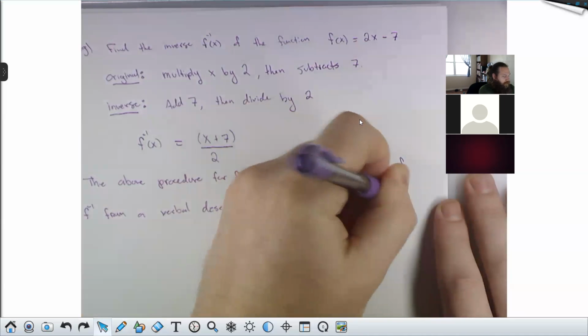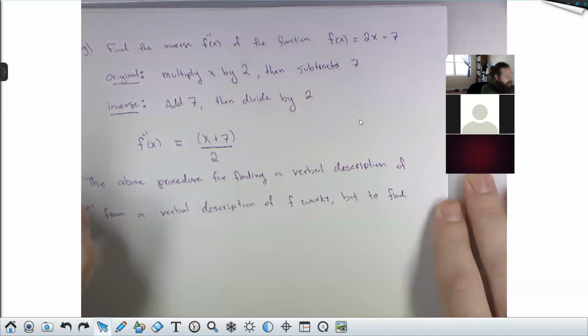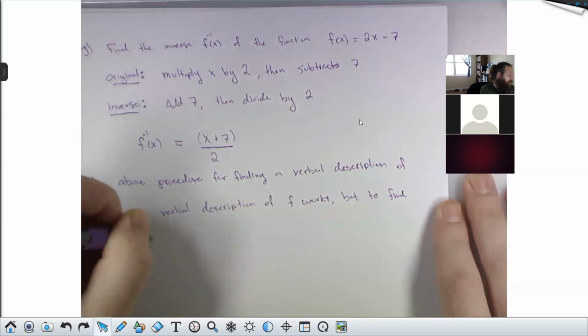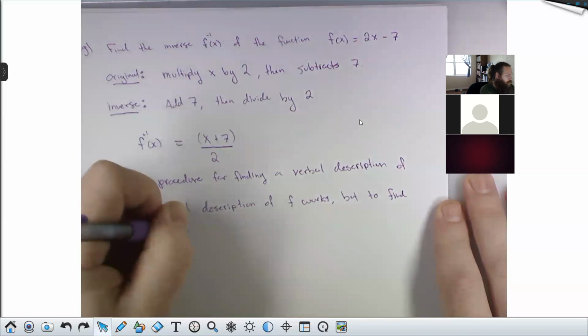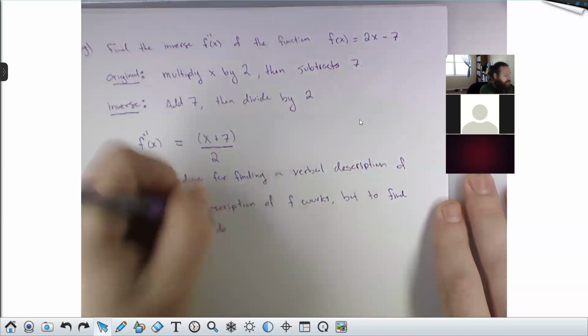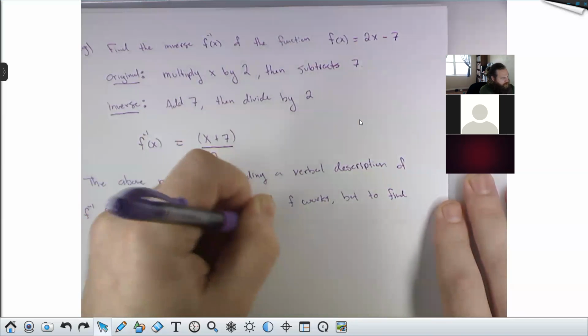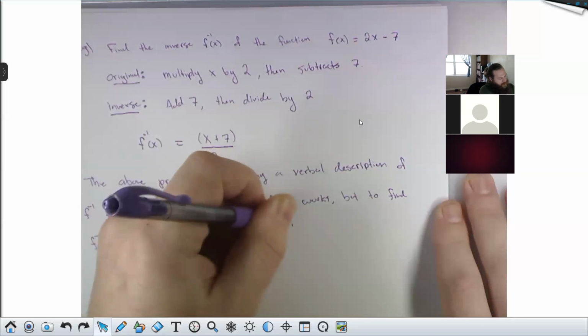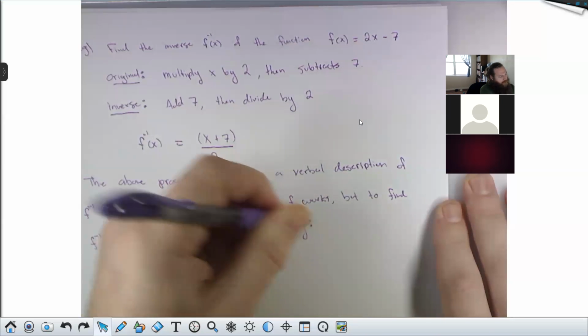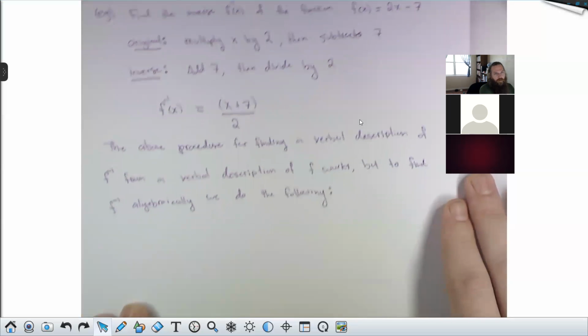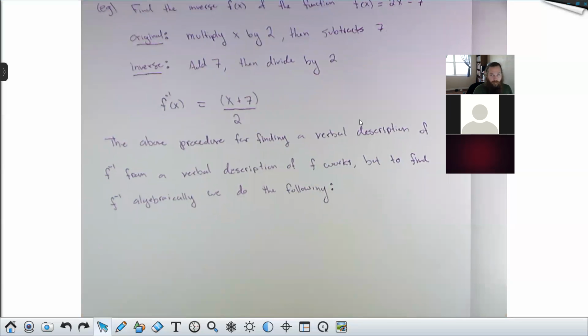But to find f inverse algebraically, we do the following. If you've learned this elsewhere in high school or in a previous algebra class, they may have taught you some of these things in a slightly different order. I want to really strongly encourage you to do it the way I'm about to show you.